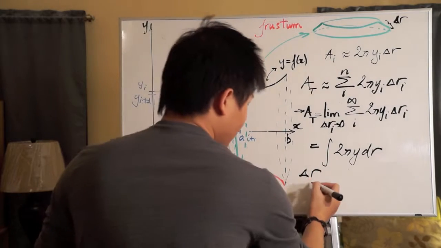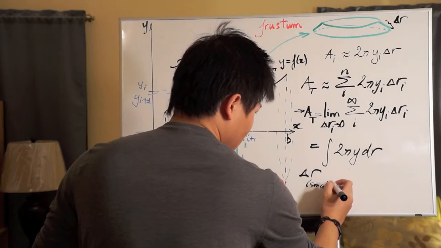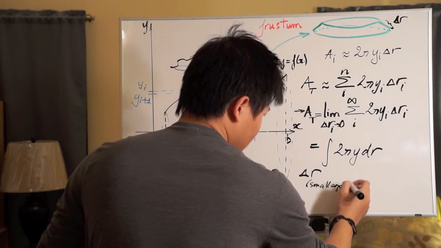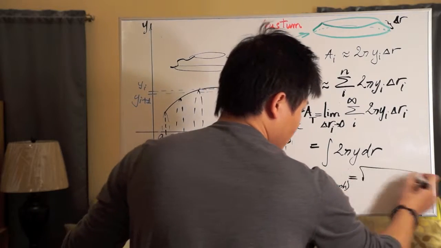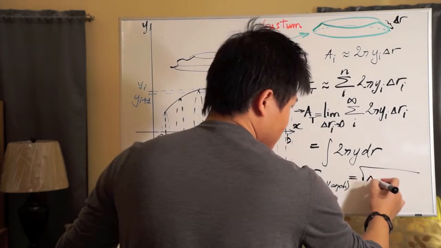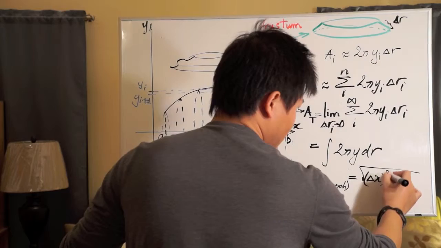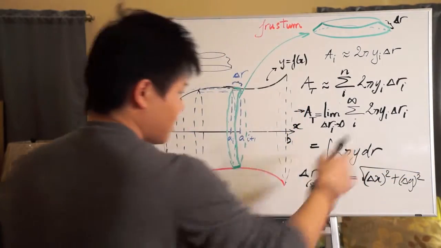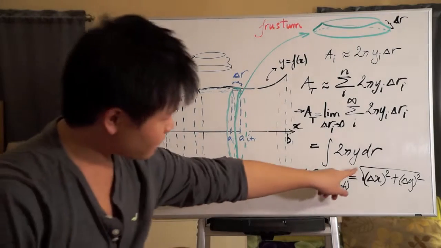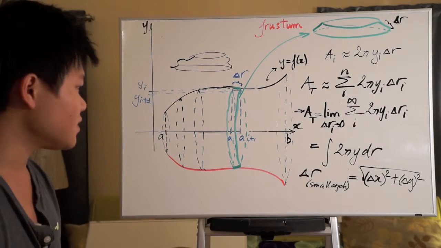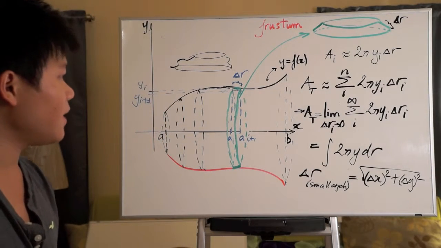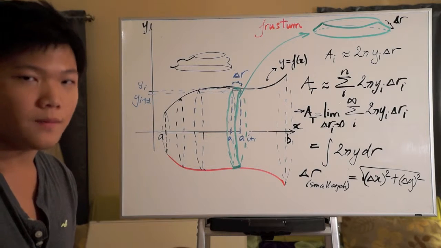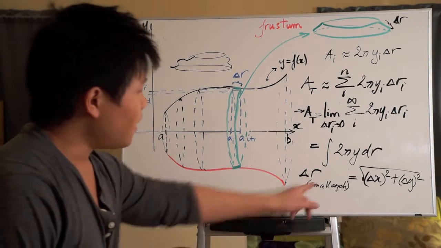So dr is equal to the square root of delta x squared plus delta y squared, because you apply the Pythagorean theorem.